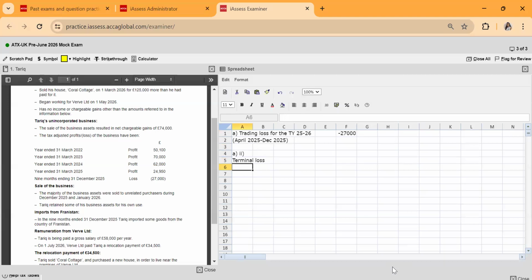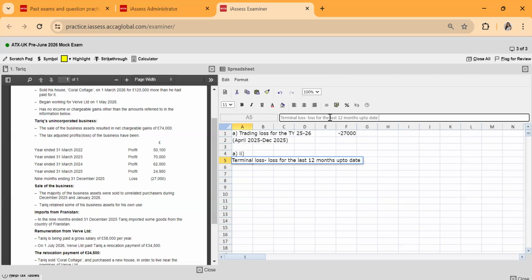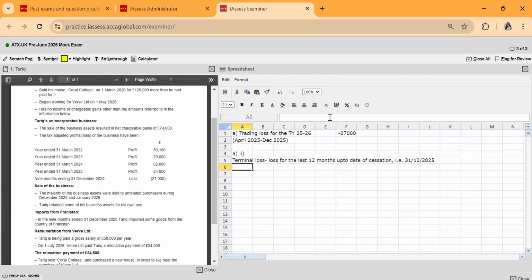So I will write it here: terminal loss is the loss for the last 12 months up to the date of cessation, which here is 31st December 25.